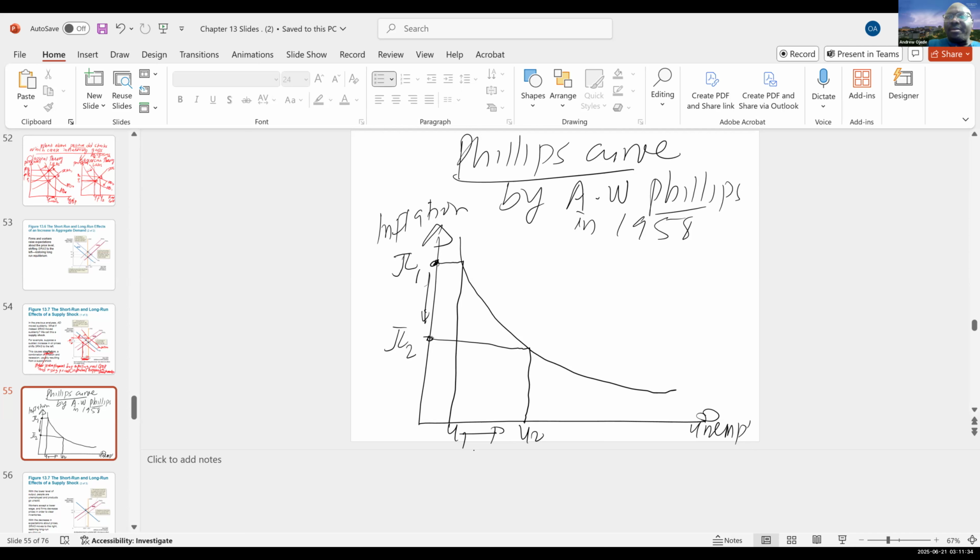And then again, when unemployment becomes a problem, your central bank that wants to decrease unemployment, what would it be doing? It would be printing money, increasing the money supply, because you want to decrease the interest rate. You want to solve the unemployment problem. That is going to cause inflation. You're going to go back there. So there's a trade-off between those two. So this curve here, which shows a trade-off between inflation and unemployment, is what we call the Phillips curve.